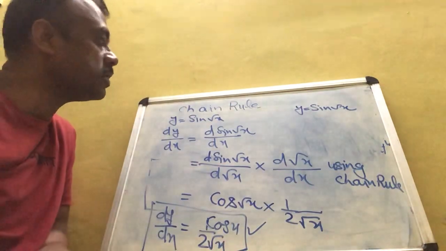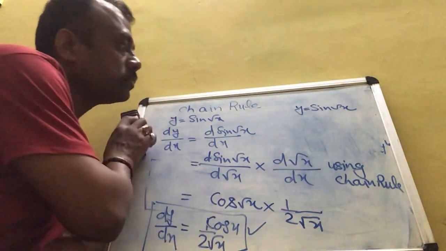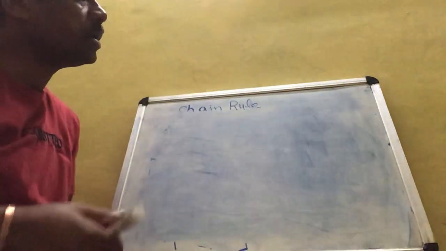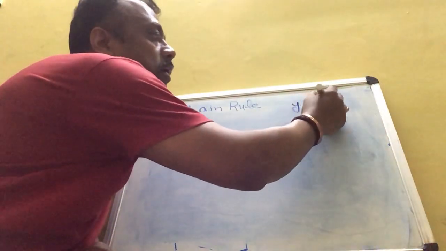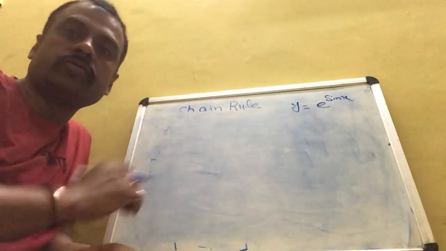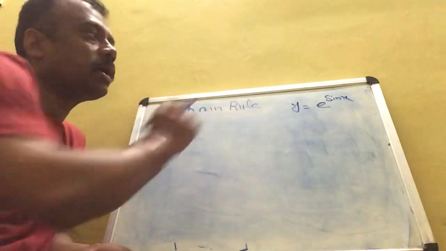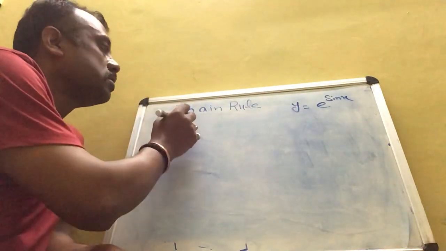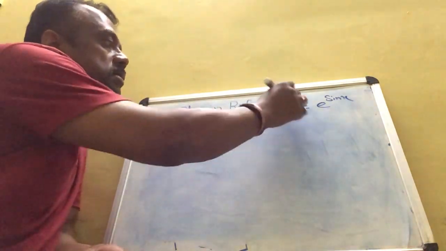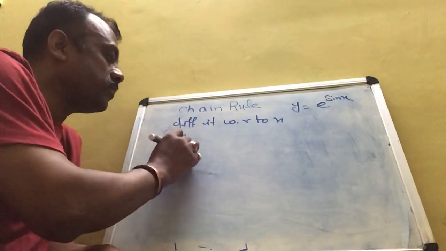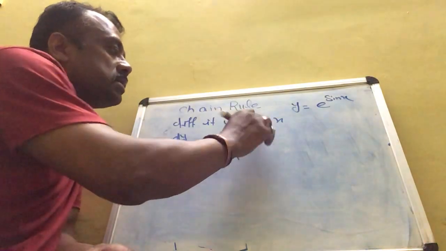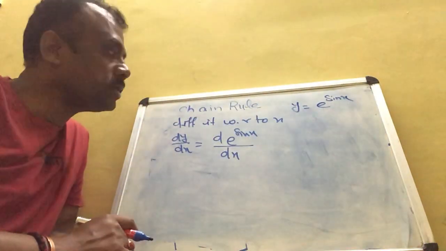Let us try another example. Let us find the derivative of e to the power sin x, using the chain rule. Here again it is a composition of two functions, so differentiating with respect to x, d/dx of y equals d/dx of e to the power sin x.